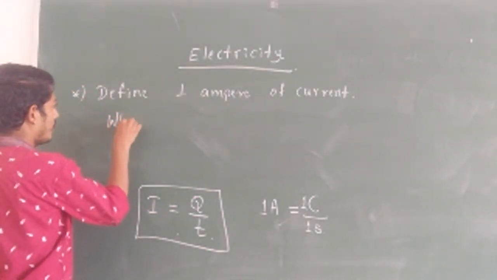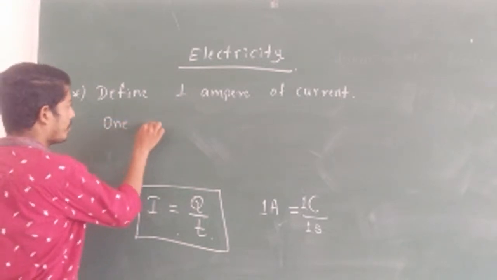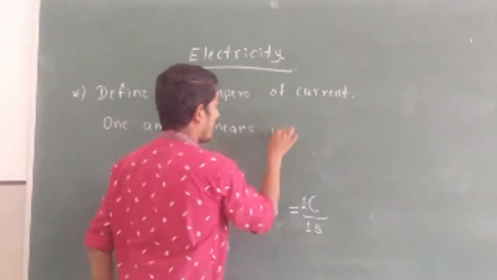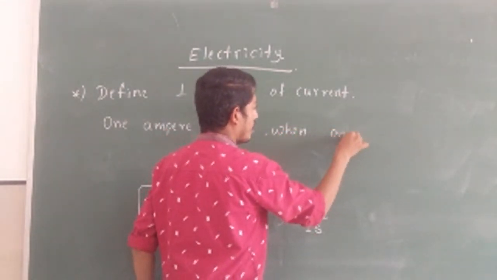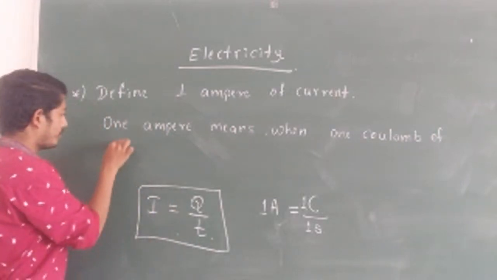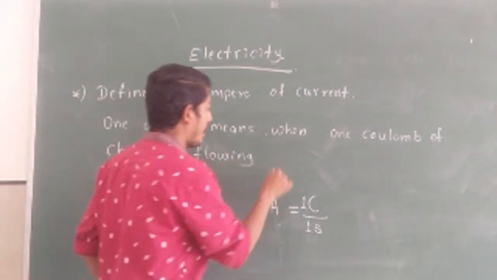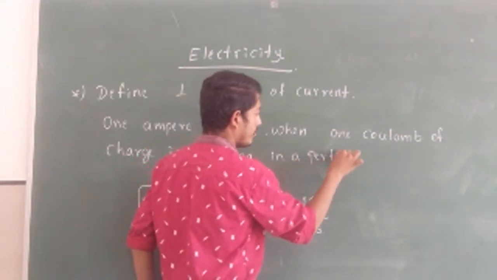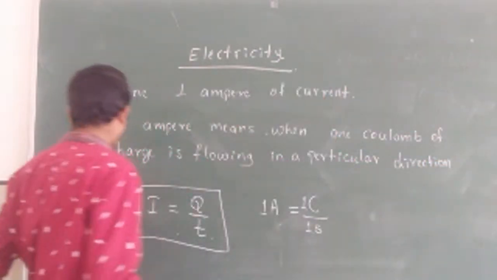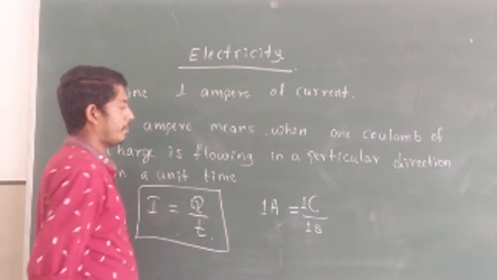Directly I will write: 1 ampere means when 1 coulomb of charge is flowing in a particular direction in a unit time.